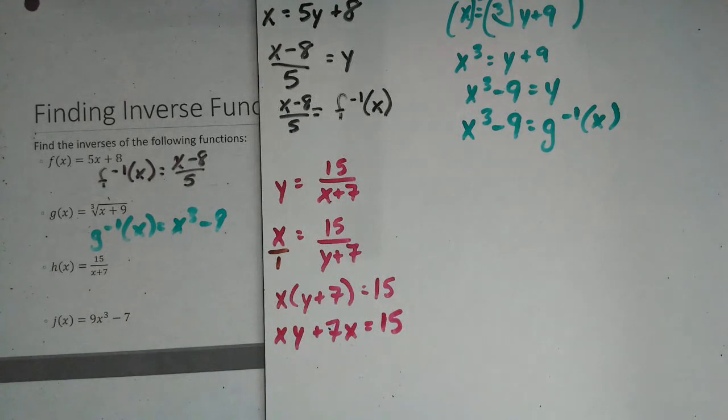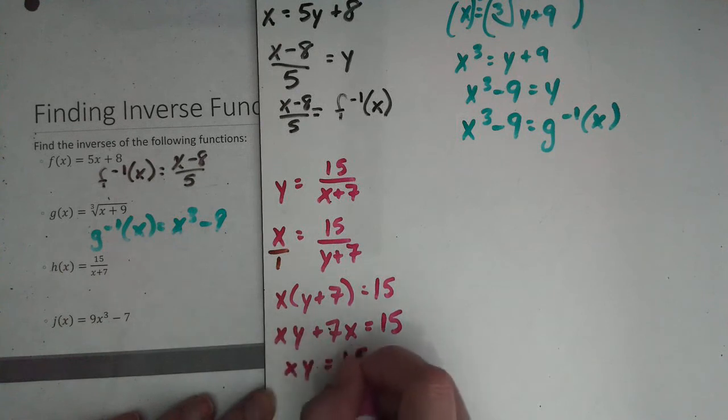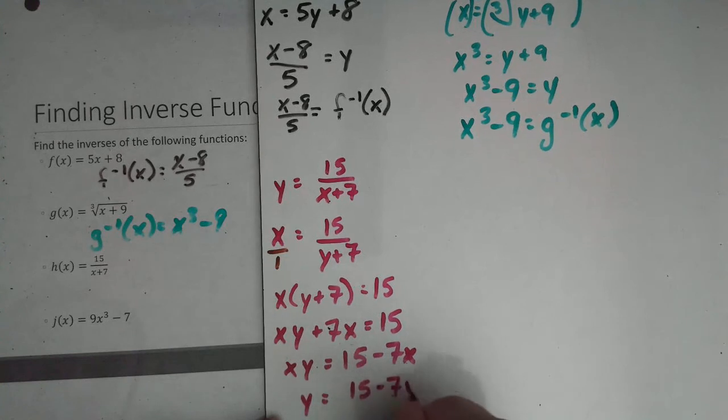And remember, I'm trying to get the y by itself. So I can subtract the 7x over, and I get xy is equal to 15 minus 7x. And then to get the y completely by itself, I divide both sides by x. I get y is equal to 15 minus 7x over x.